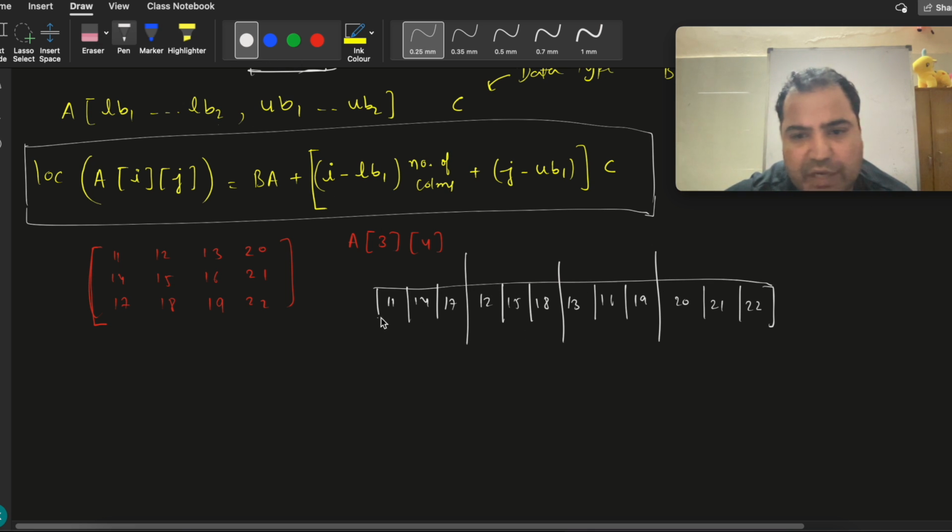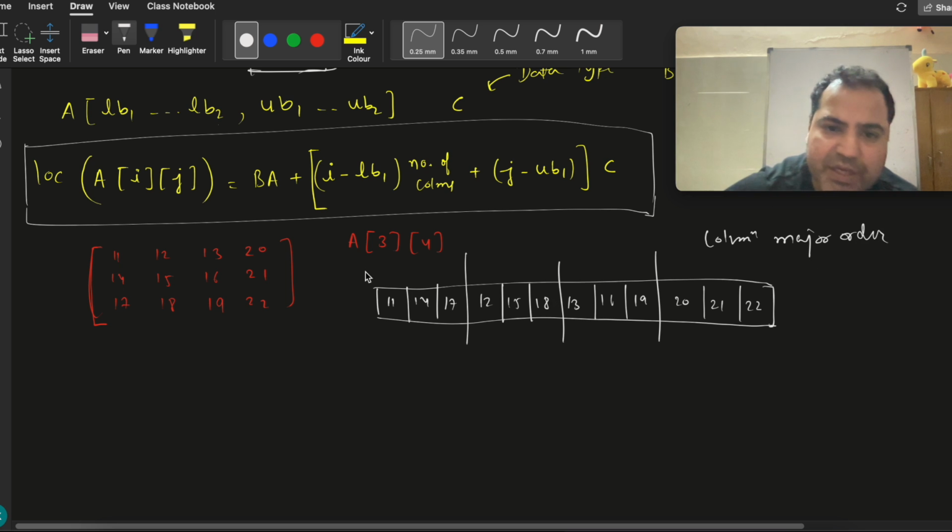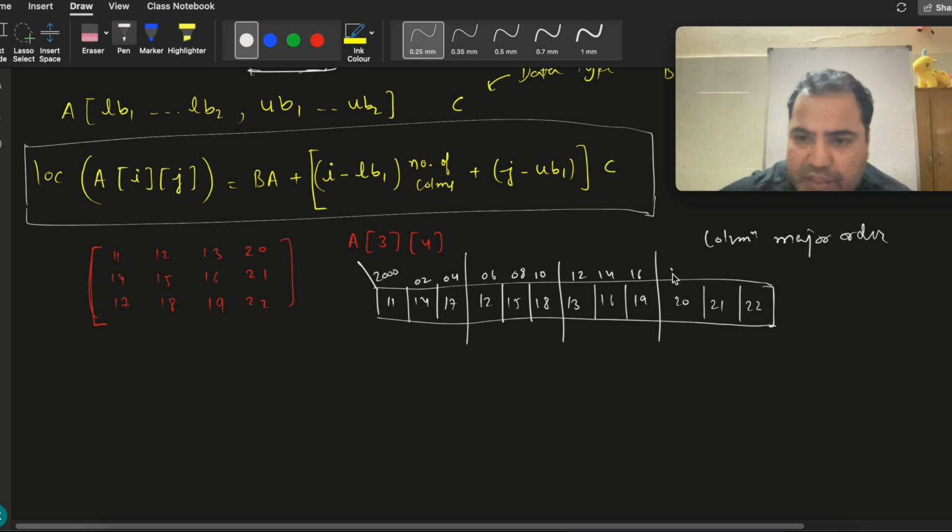So this is your column major order. Say addresses start at 2000, so it will be 2002, 4, 6, 8, 10, 12. This is 2012, right? 14, 16, 18, 20, 22. So this is 2022, the last address, right?